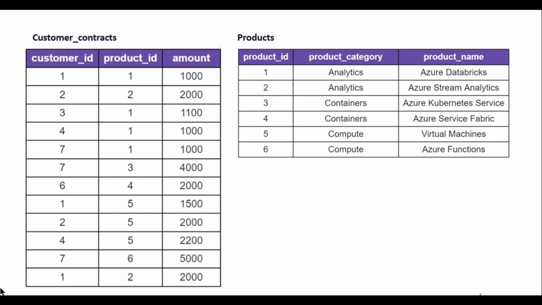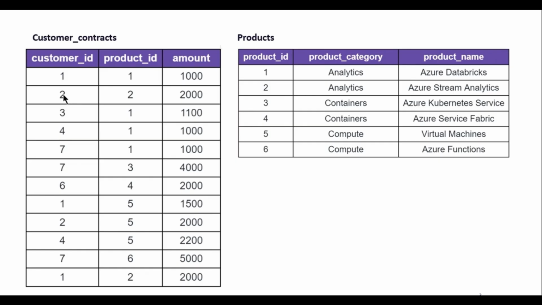So now the thing is, the customer ID 1 has not purchased any product that belongs to the containers product category. So this customer ID cannot be there in our output, because we want the customer IDs of only those customers who have purchased at least one product from each product category that are listed in the products table.